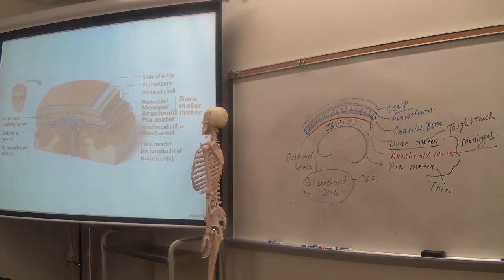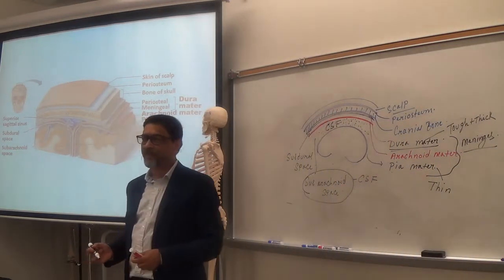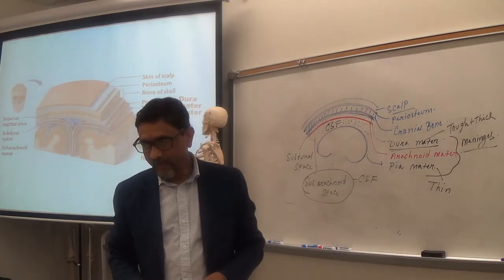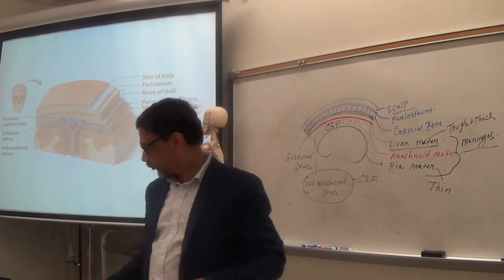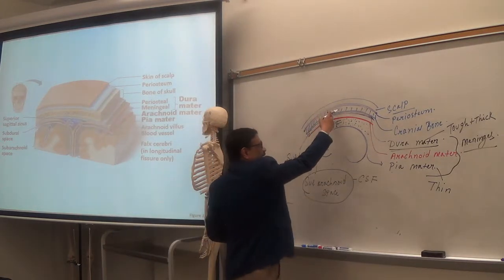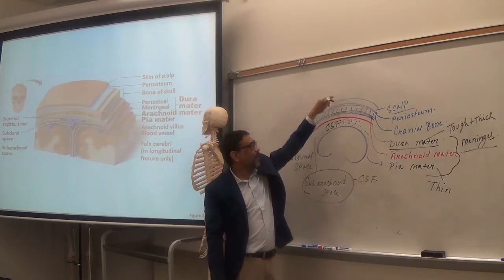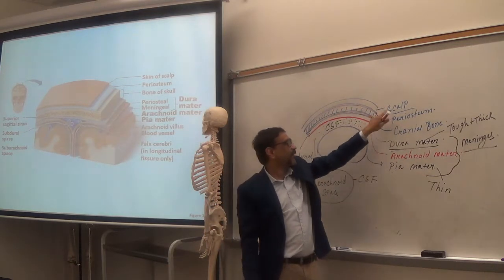Clear? So sometimes you ride on roller coaster, right? Suddenly moves. So your soft brain would have hit the hard skull. But because of the presence of that cerebrospinal fluid, your brain is heavily protected. So all these structures are protecting your brain. If you see from outside to inside again, outermost is what?